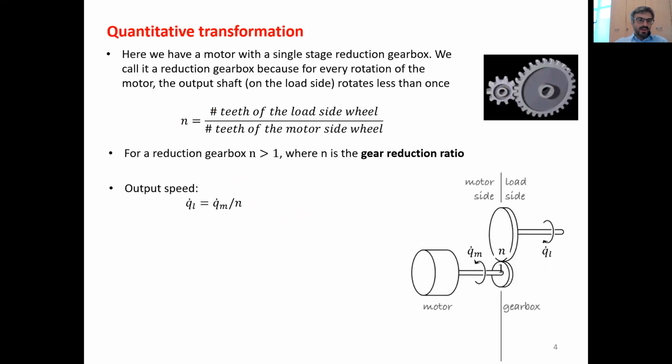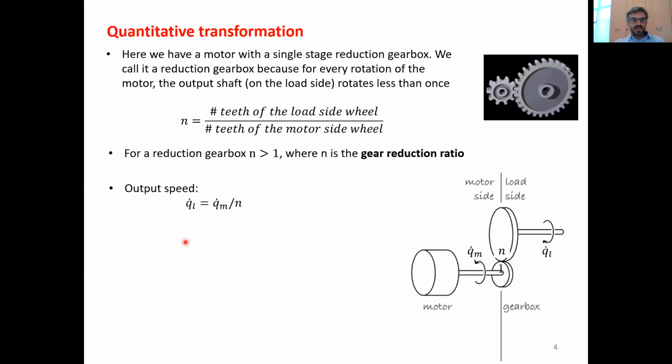The output speed, do you have an idea of how the output speed will be related? The load speed will be related to the motor speed whenever you use a transmission. We said that the transmission works as a speed reducer.